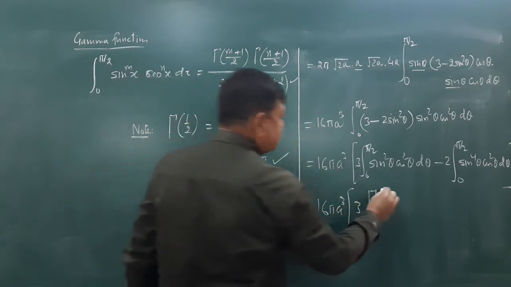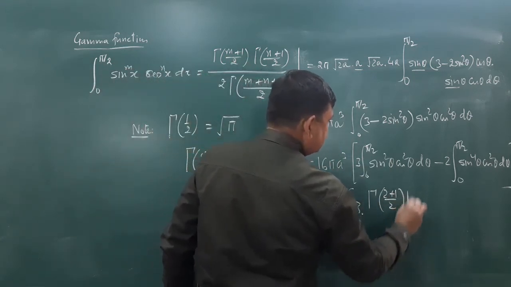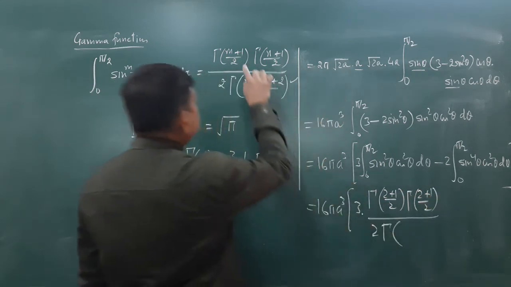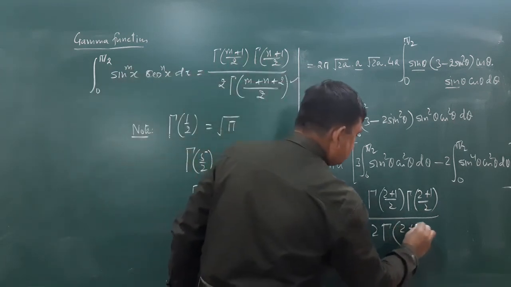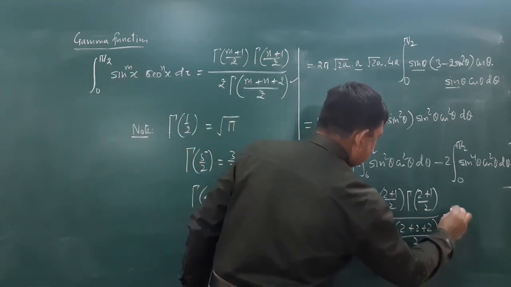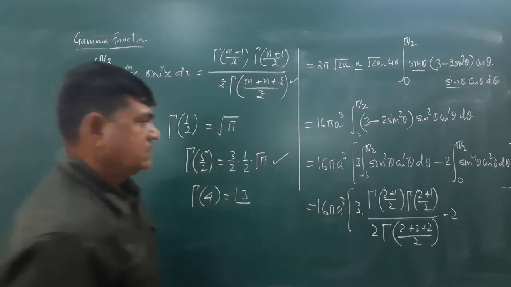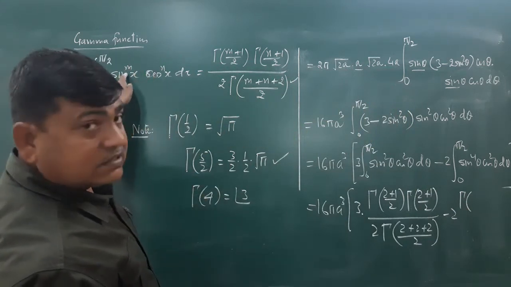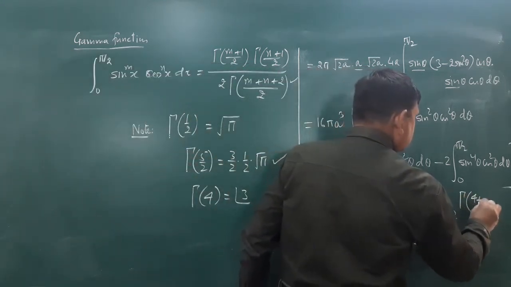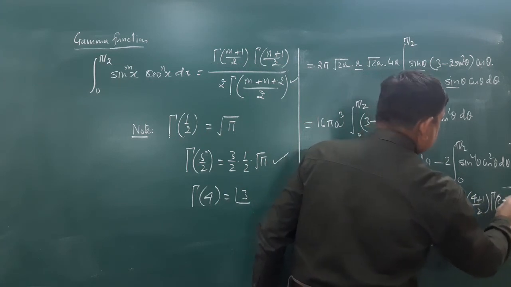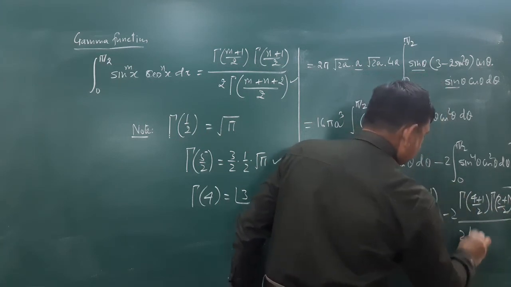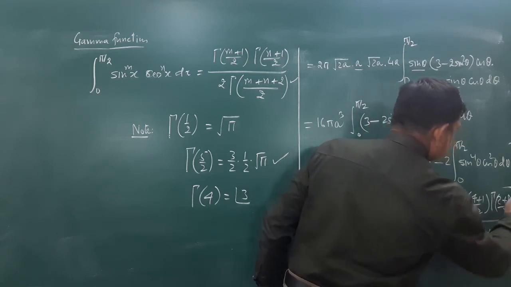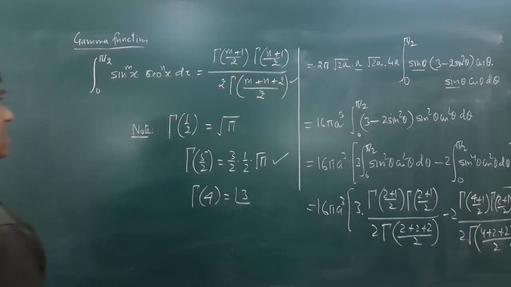Remember, so it is 2 plus 1 by 2, gamma again 2 plus 1 by 2, upon 2 gamma m plus n plus 2 by 2, that is 2 plus 2 plus 2 upon 2, minus 2 times gamma m is 4, so it is 4 plus 1 by 2, gamma 2 plus 1 by 2, upon 2 gamma 4 plus 2 plus 2 upon 2. It is this. Okay, let us simplify this.